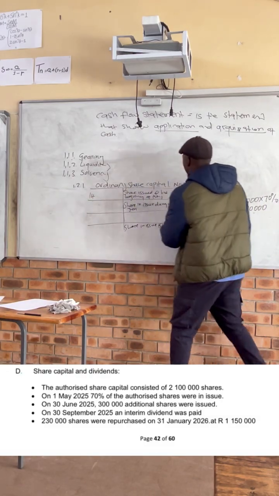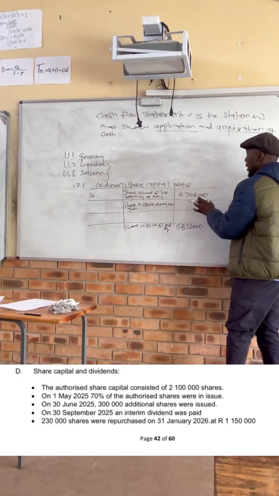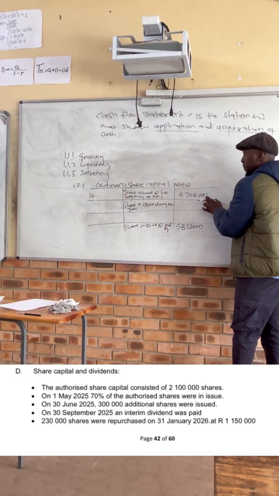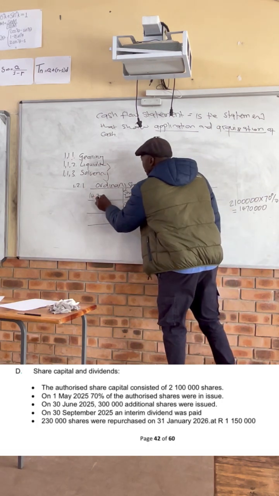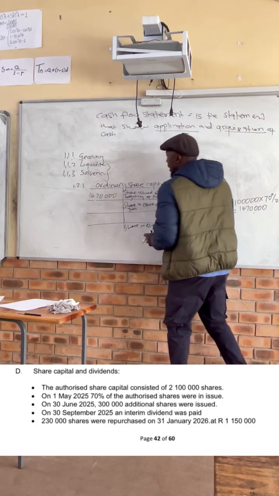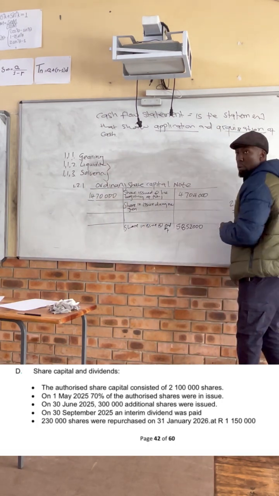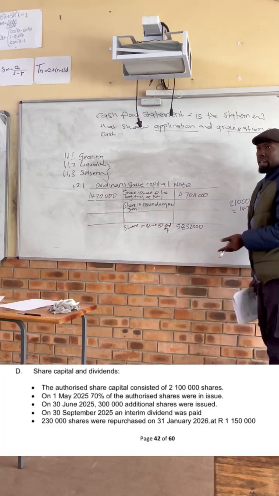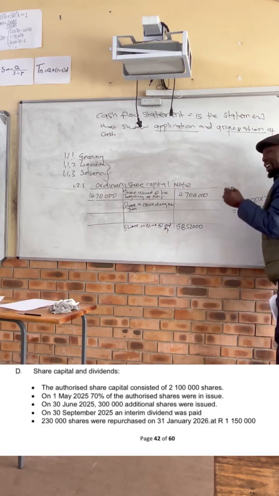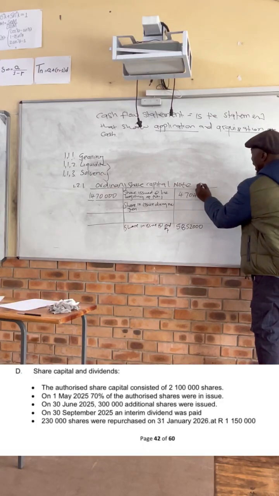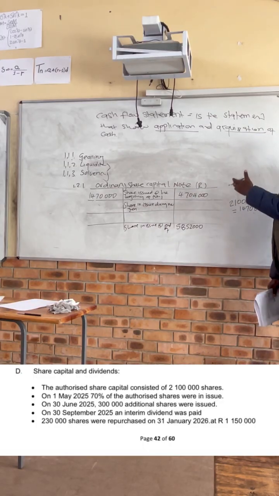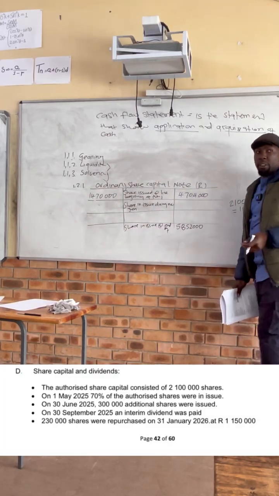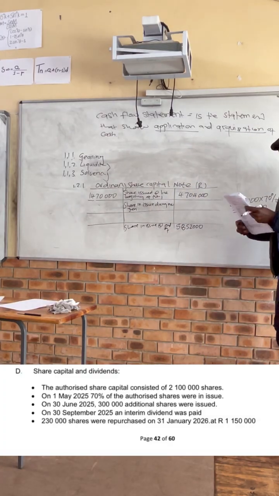Here is the number of shares, and here is the value, which is 5,670,000. Learners must not mix the two. This side we record the number of shares, this side we record the amount, the value. On the answer book, usually they will write rands like this to indicate that here we put the amount, and this side we put the number of shares.